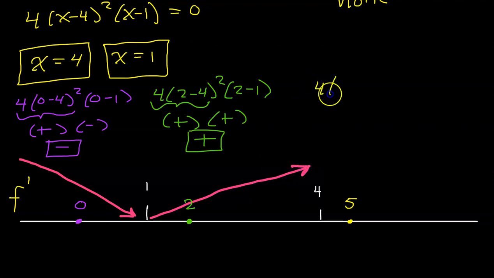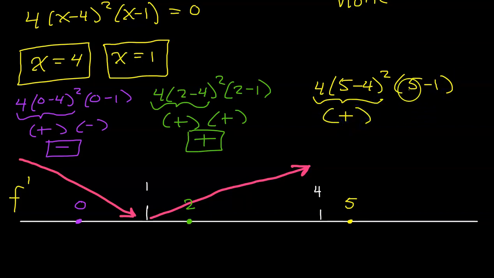So we have 4 times 5 minus 4 squared times 5 minus 1. So this portion is going to be positive always, but 5 minus 1 is also positive. So we're going to have another positive value. So that tells us that the function is still increasing in this interval.